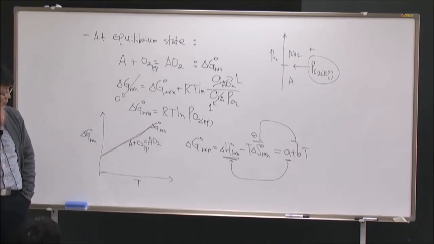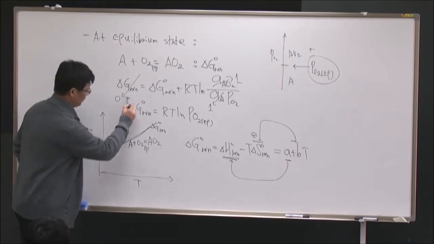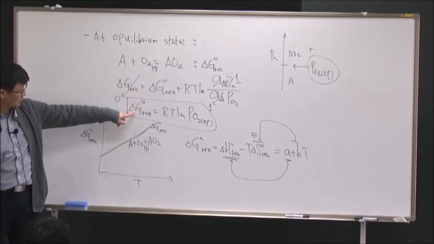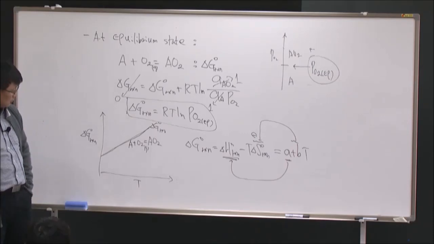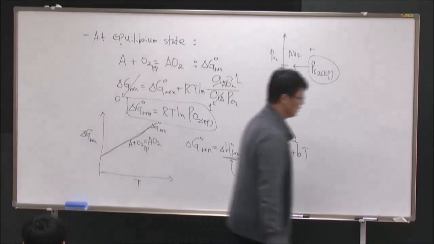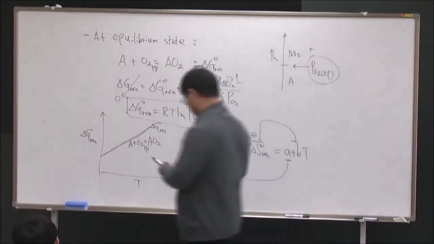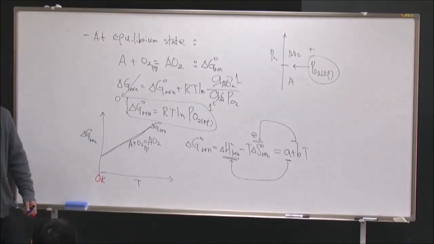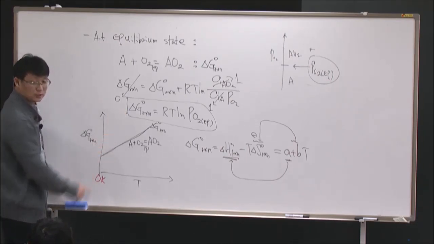And then, according to the equilibrium calculation, you have delta G naught equal to RT ln PO2. So what he did is like this. Let's take the temperature at 0 Kelvin here. I want to just put this graph into this graph here.